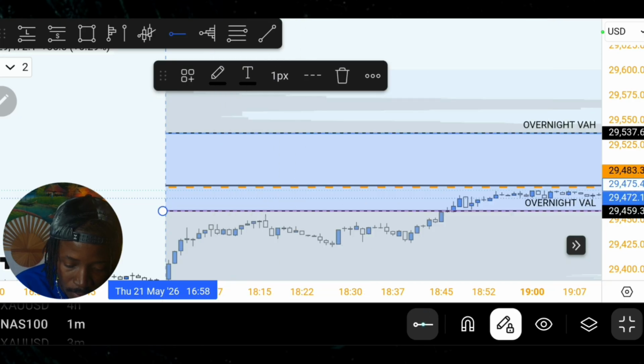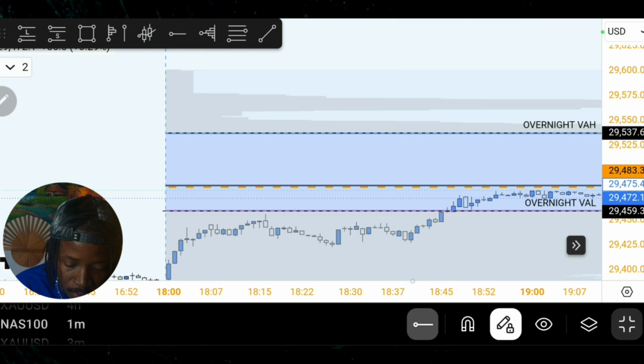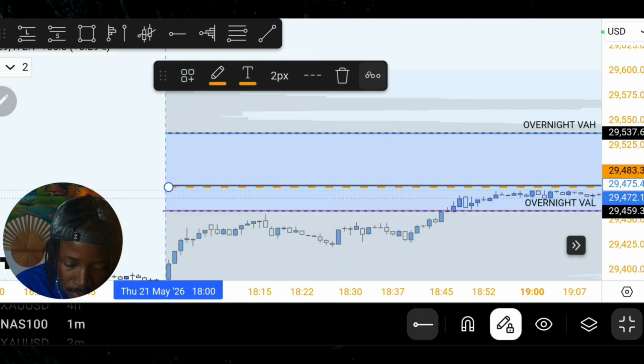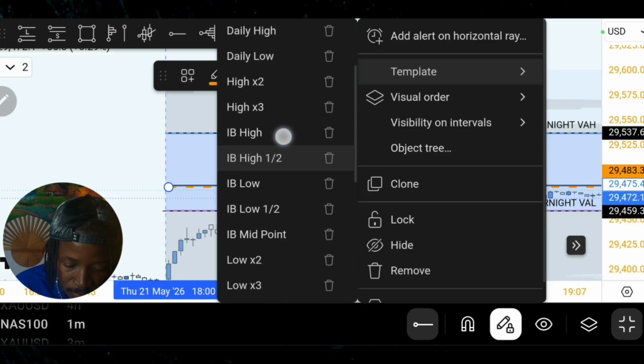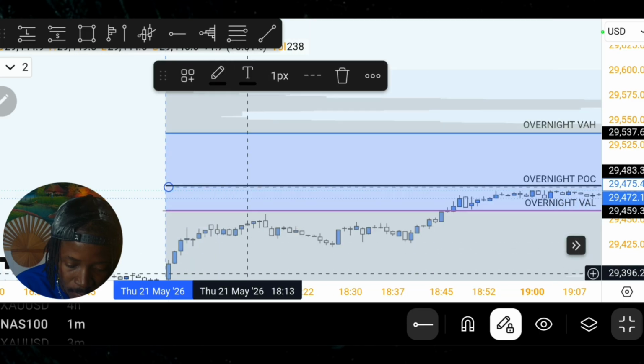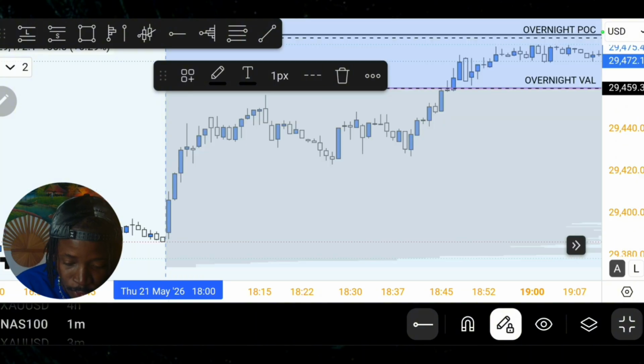Okay, so that would be the POC, right? So now we have those three, and once again I'm going to show you how price reacts to that level.